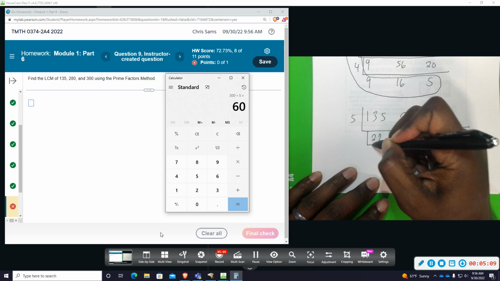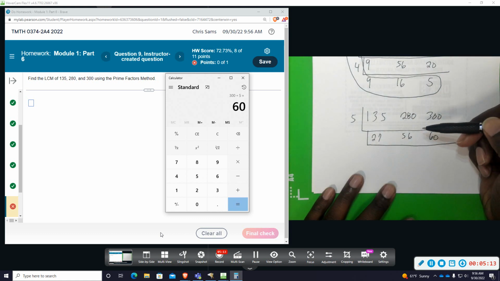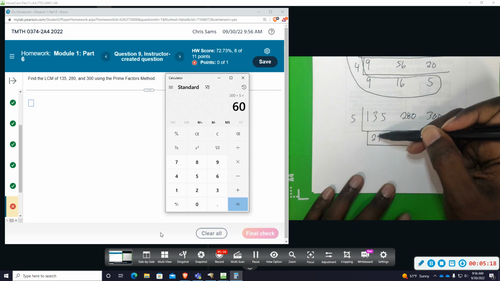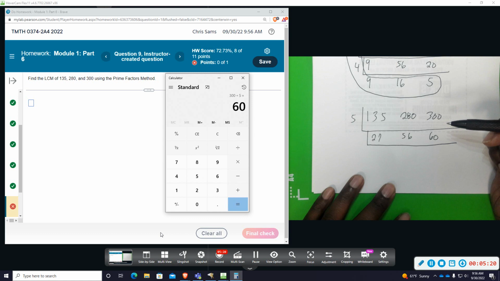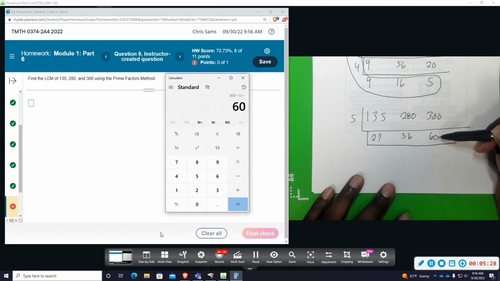Now, these are divisible by 4, but this one is not. I don't think there's anything, because this one is divisible by 3 only. This one is not. This one is. And you can do 2 at a time.